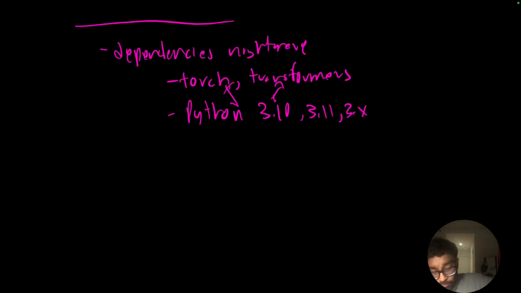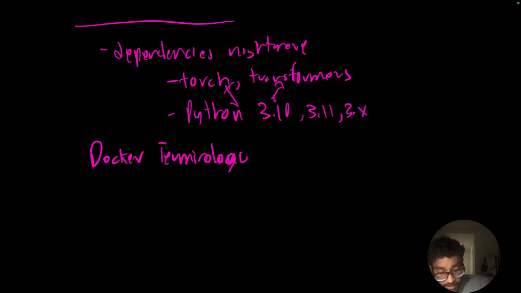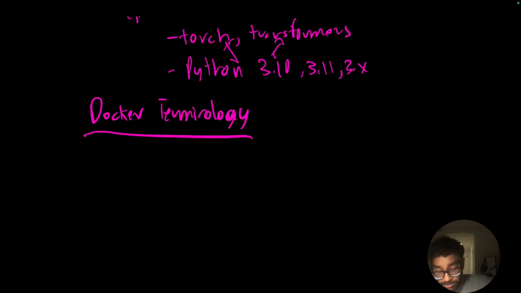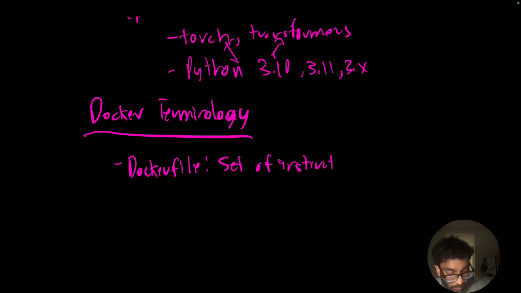And with that being said, the last thing I want to talk about, before we get hands on, is some Docker terminology. I know this might be a little overwhelming for whoever's new, but just to give some terminology here, we have a Docker file. And you can think of this Docker file as the set of instructions. So in this Docker file, we might be doing things such as our pip install.